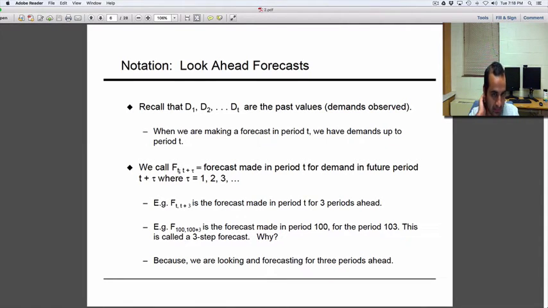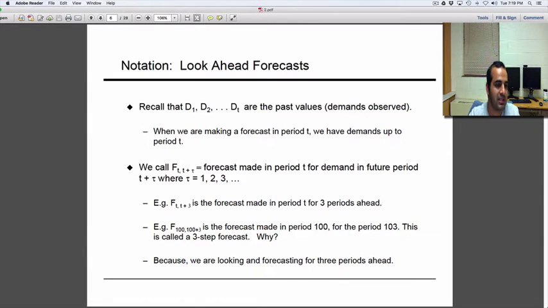Let me say that again. For example, F_T,T+tau means it's a forecast that's being made at period T for period T plus tau, where tau can be 1 or 2 or 3. Tau denotes how many periods ahead you're looking. So F_T,T+3, as an example, is the forecast made in period T for 3 periods ahead.